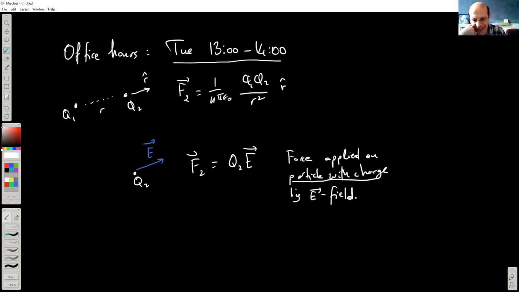So it's basically a quantity, a number that tells us how strongly this particle interacts with the electric field. Do not think of the charge itself as an independent physical entity. It's just the property of particles. So it's the force applied on a particle by the electric field, right?